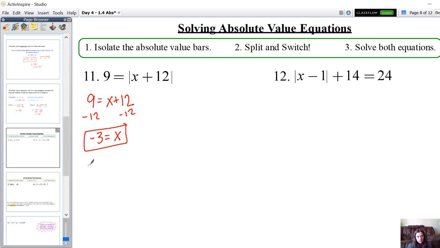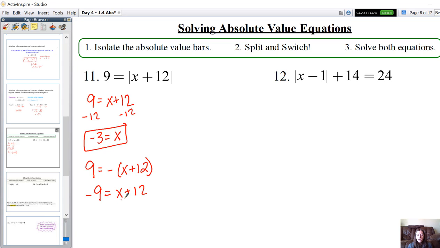Case number 2, the 9 is going to stay the same, but we're going to negate that absolute value stuff. So now we have 9 equals negative quantity x plus 12. Again, you can distribute that negative to both pieces in the binomial, or you can divide by -1 first. I'm going to divide by -1, so then on the left we have -9 equals x plus 12.